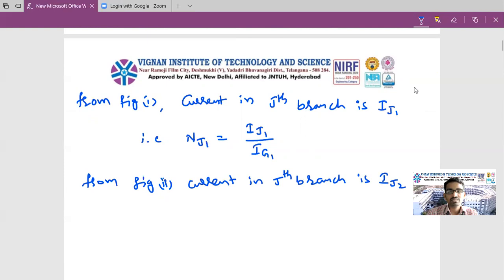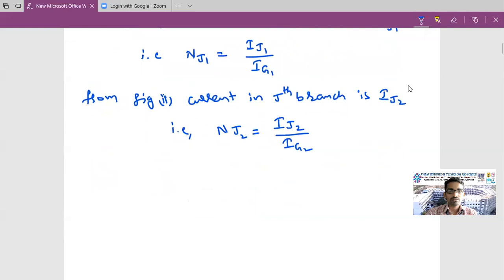Here the first generator is supplying means Ij1, here the second generator is supplying means Ij2. If we calculate Nj2, that is the current distribution factor, Ij2 by Ig2.